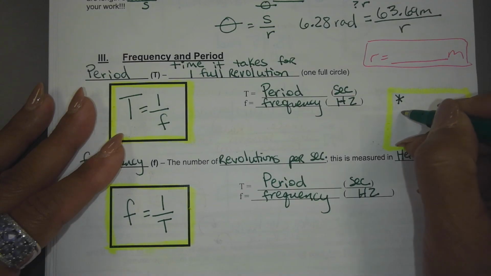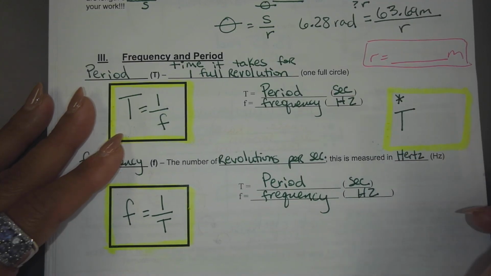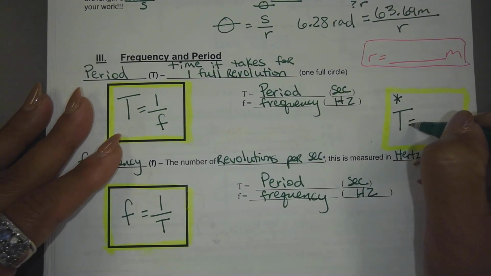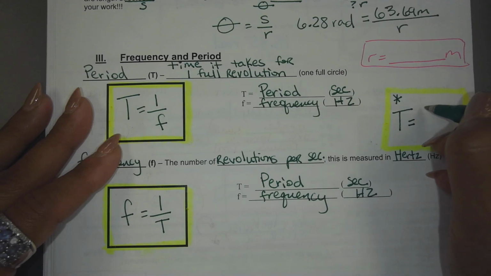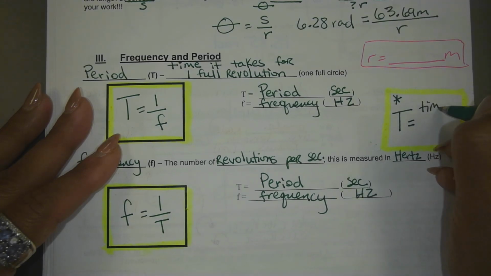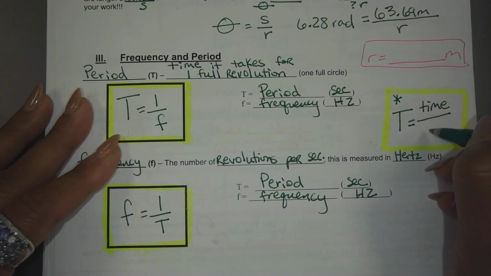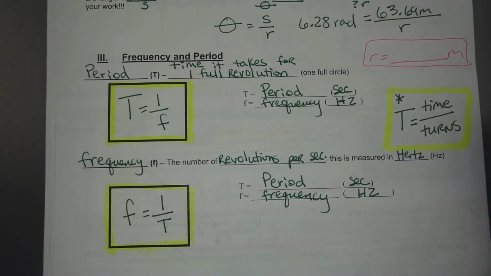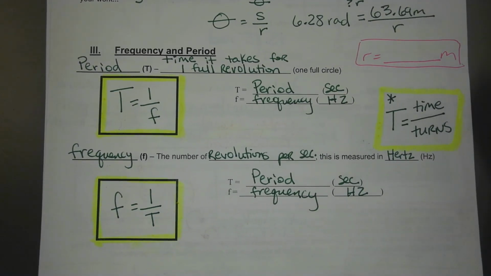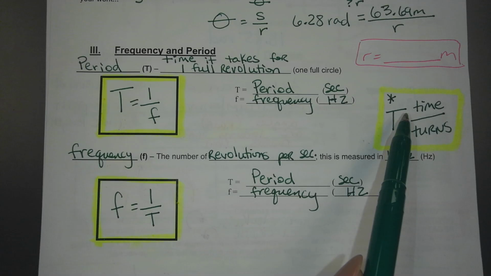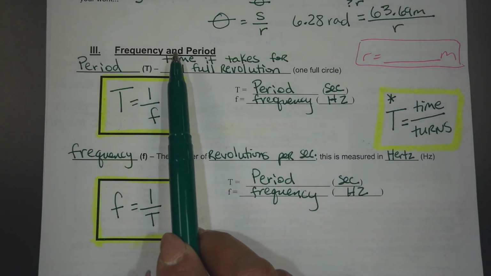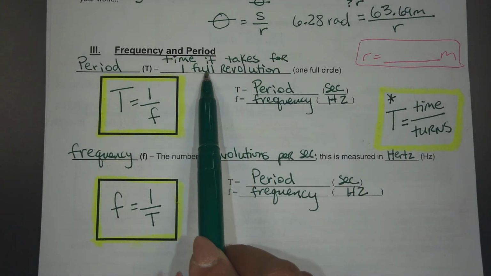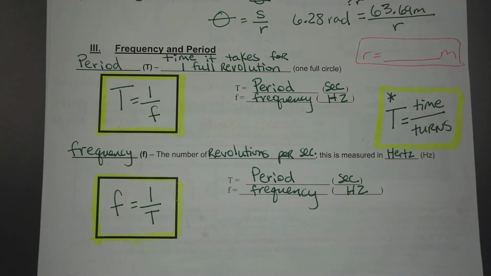I figure out the period first by solving it as period is the total time over the total turns. The amount of time it takes for all the turns to occur. That is what period is. Because the definition for period is how much time it takes for one full revolution.